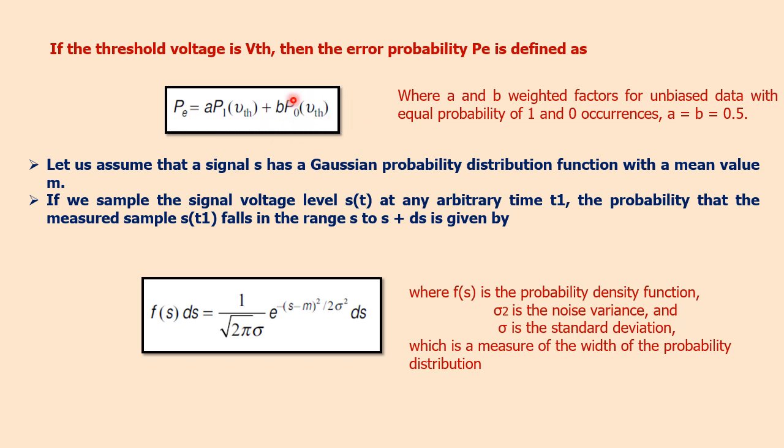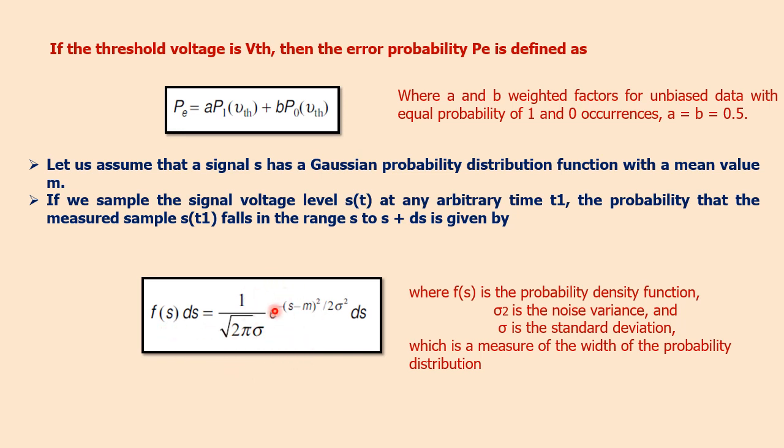Now let us assume that a signal has a Gaussian probability distribution function with a mean value of small m. If we sample the signal voltage level as S of t at any arbitrary time t1, the probability that the measured sample S falls in the range from S to S plus ds is given by f of s into ds.